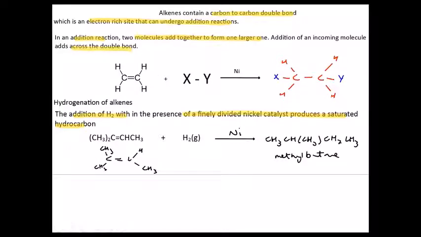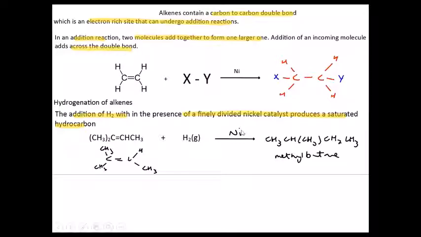Alrighty, now we will go into the hydrogenation of alkenes. When we hydrogenate an alkene, this is another addition reaction, just so you know. We are adding hydrogen to this alkene, in the presence of another nickel catalyst.